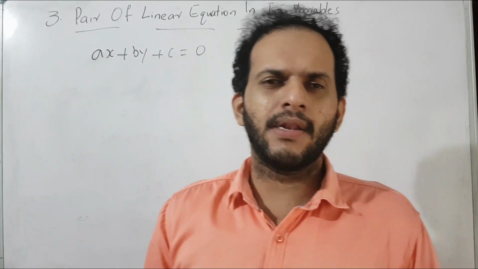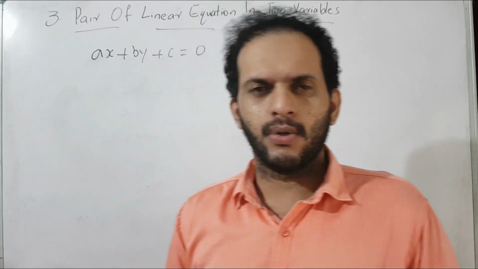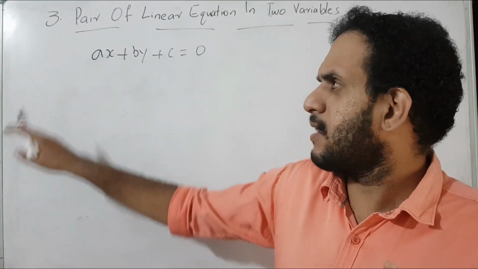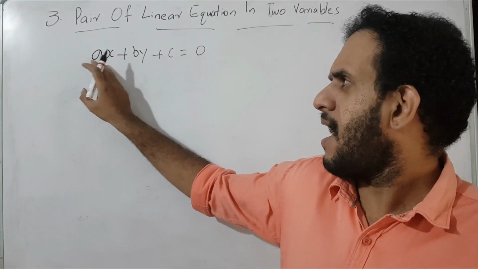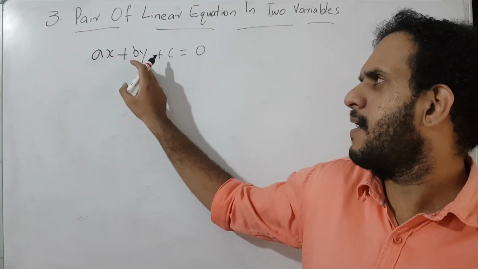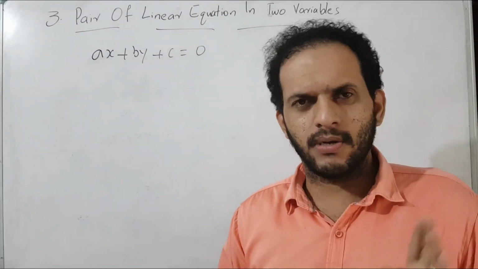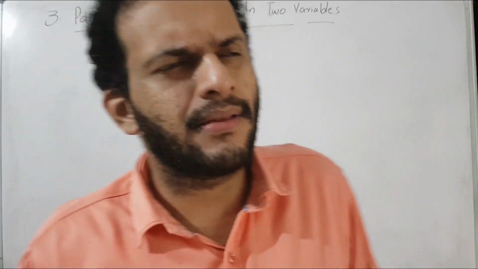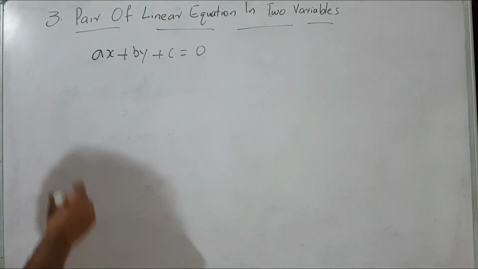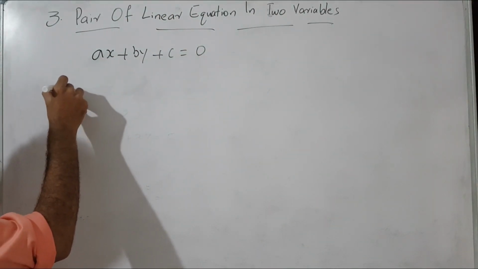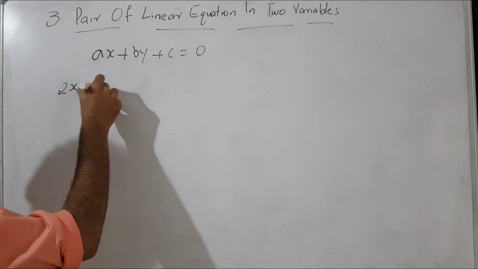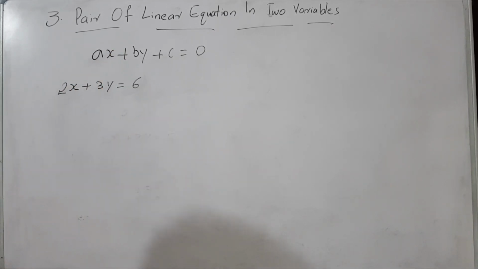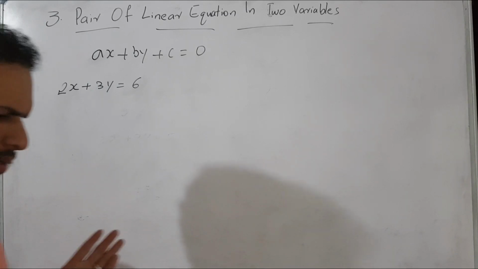It is clear that a is the coefficient of x, b is the coefficient of y and c is a constant. For example, the linear equation 2x plus 3y is equal to 6.